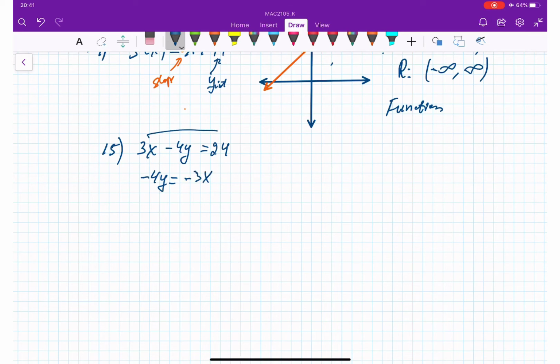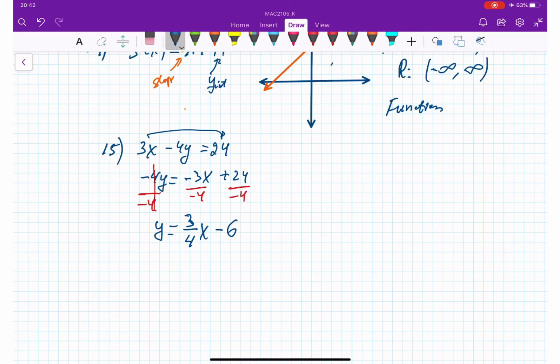Because we move this 3x to this side, it becomes negative, plus 24. And then we divide by negative 4. So y is equal to, negative 3 divided by negative 4 is positive 3/4 of x, and 24 divided by negative 4 is going to be minus 6.